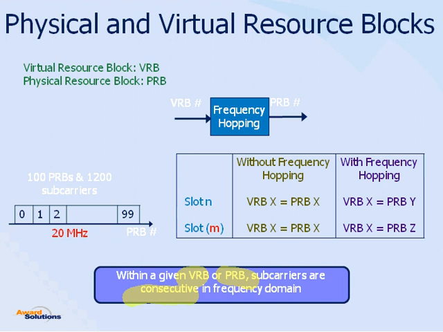Okay, so for the folks who are familiar with WiMAX, it is different. In WiMAX, you could have distributed subcarriers allocated to the user, but here in LTE, we have consecutive subcarriers within a block. So that's one of the differences between LTE and WiMAX. Here we have always a dozen consecutive subcarriers within a virtual or physical resource block.